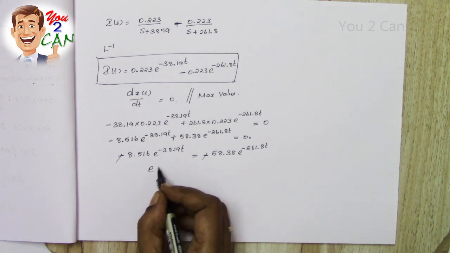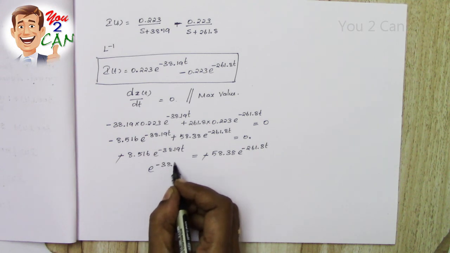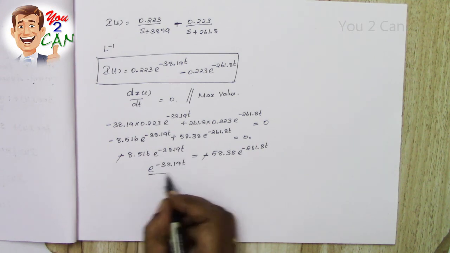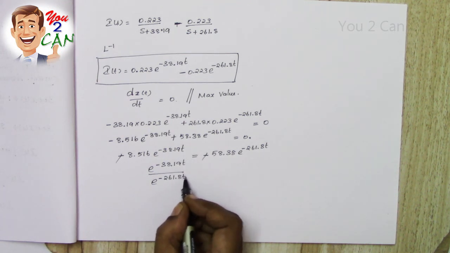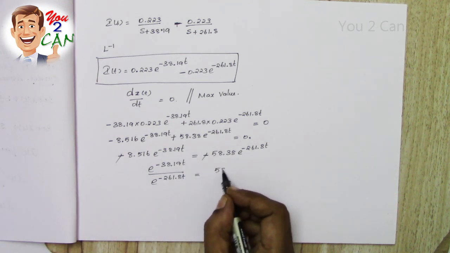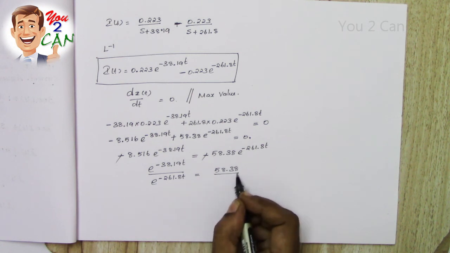Okay, so e power minus 38.190 divided by e power minus 261.80 will be equal to 58.38 divided by 8.516.